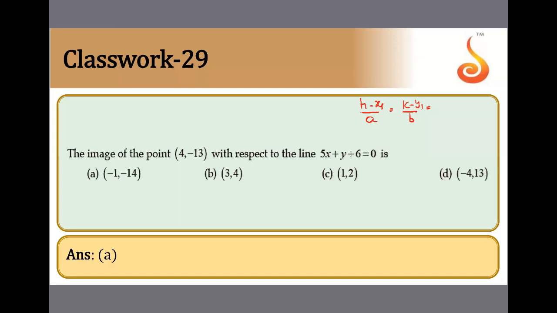Now we substitute the values. (h minus 4) by 5 equal to (k plus 13) by 1 equal to minus 2 times (5 into 4, 20, minus 13 plus 6) divided by (20 plus 1). So when you solve it, you get h equal to minus 1.